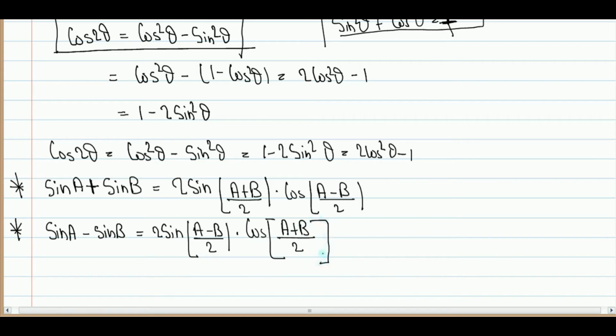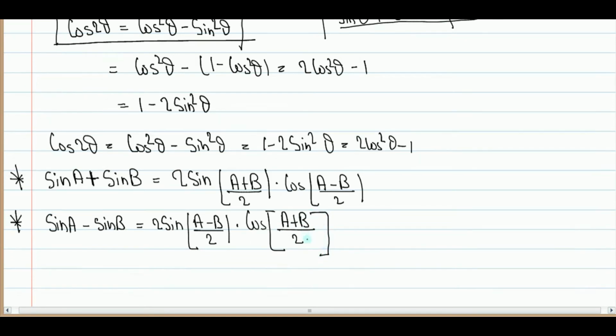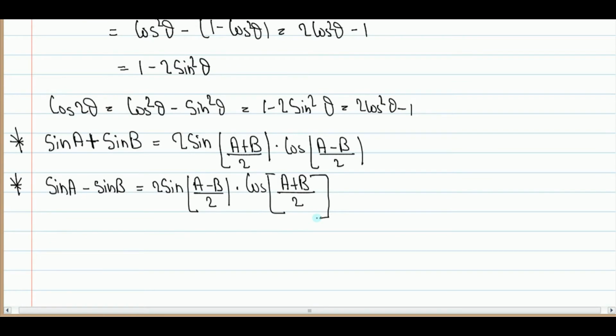Fine, where a and b are angles, and the addition is happening for the angle on the right hand side of the equation, while on the left hand side it is for the trigonometric function itself. So don't get confused with sine a plus b. This is sine a plus sine b, not sine a plus b, or sine a minus b. This is sine a minus sine b.